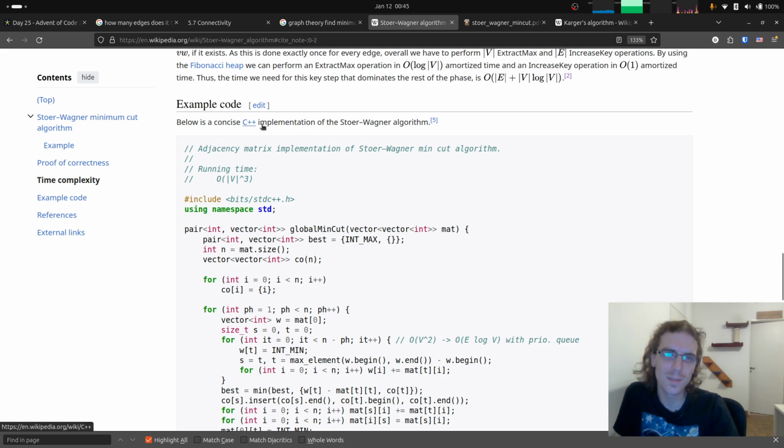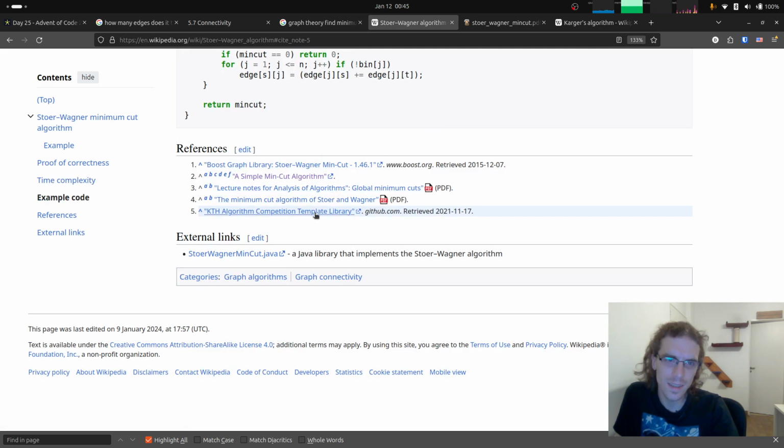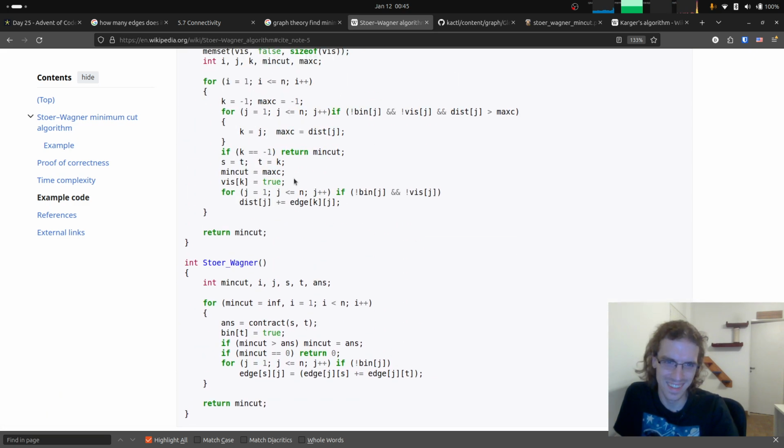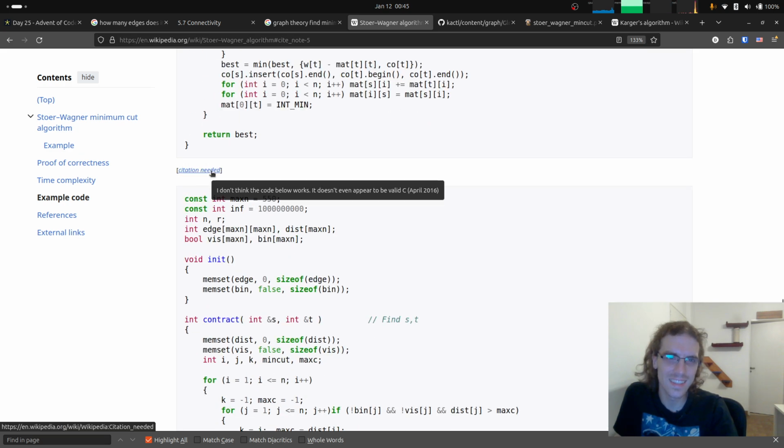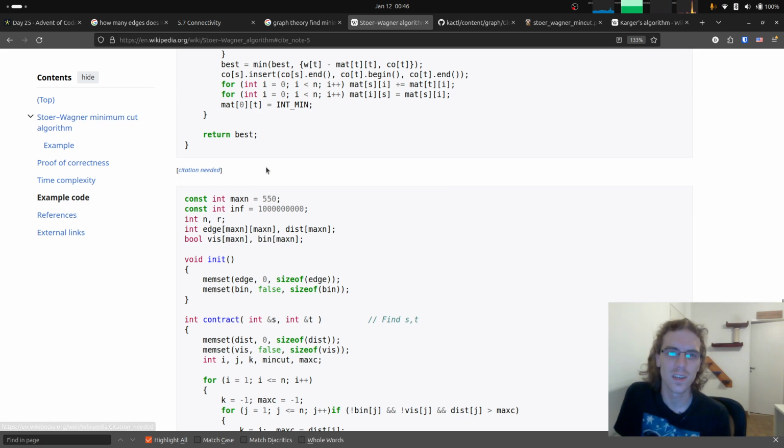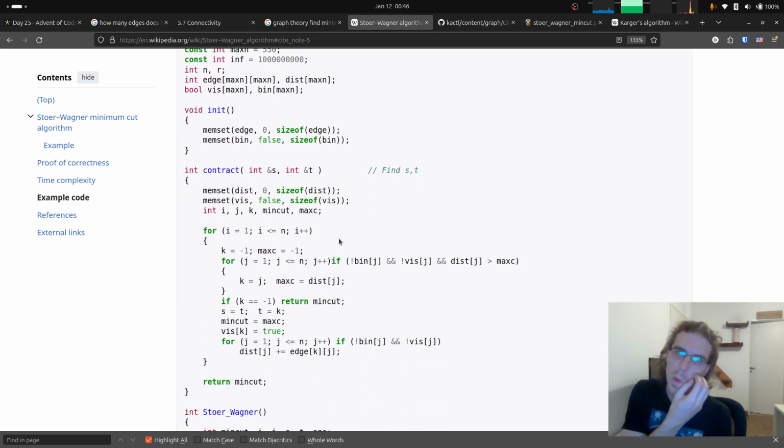Below is a concise C++ implementation, and there's a link here. Competition templates library. And I like that it says, I don't think that code below works. It doesn't appear to even be valid C. A comment from 2016. Great.